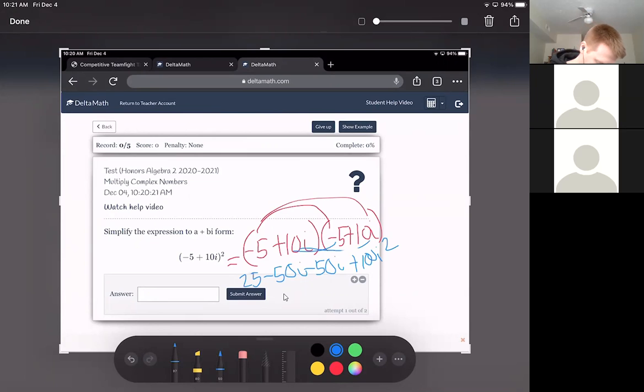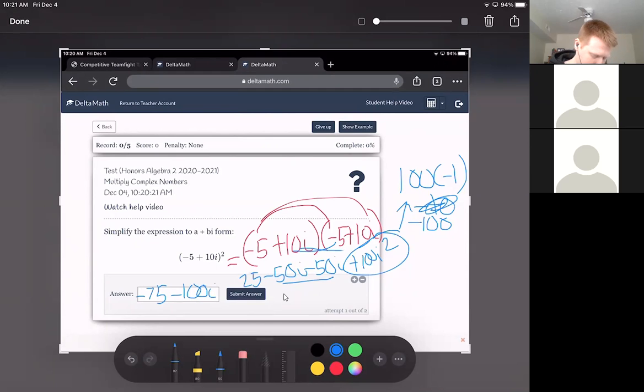Be careful, this i squared is -1, so that's really a minus 100. So 25 minus 100 would be -75. Then minus 50i minus 50i would be minus 100i.